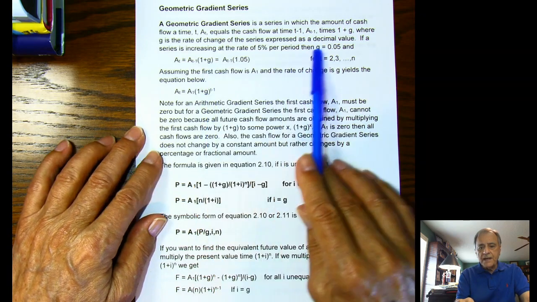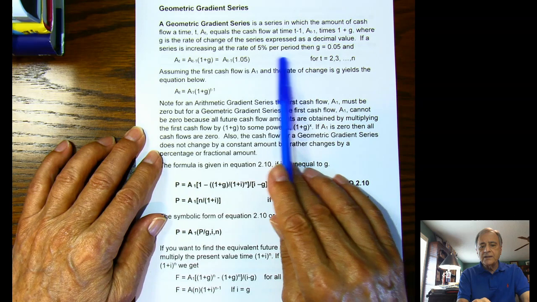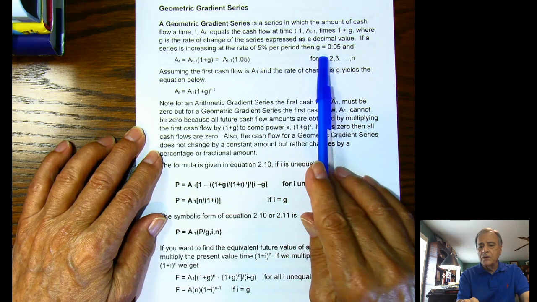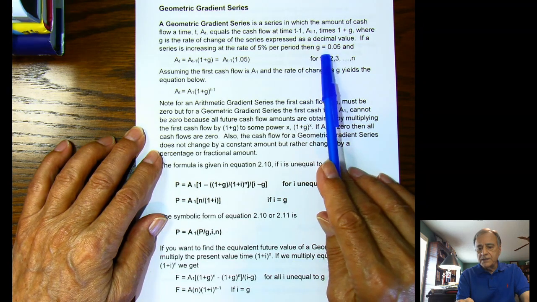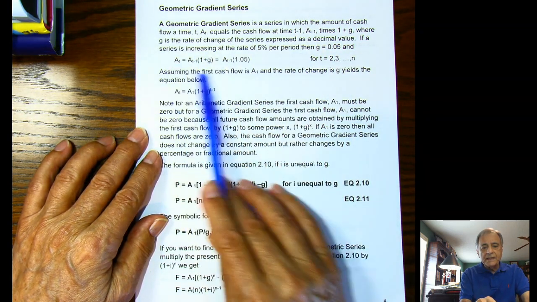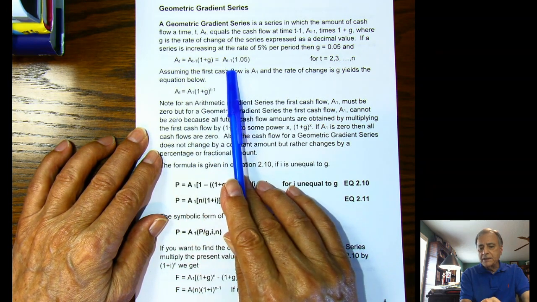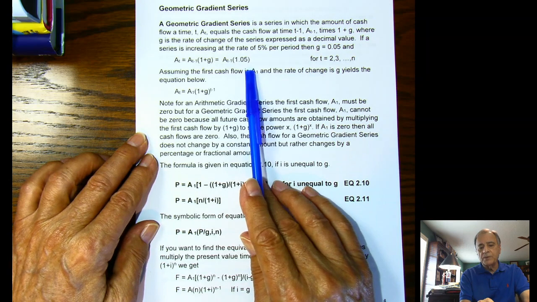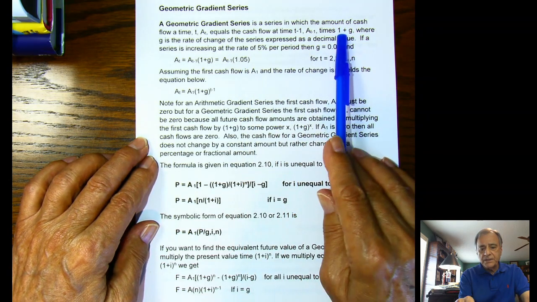So, for example, in this case, we have a series that's increasing at the rate of 5%. So little g as a fraction is 0.05, and so that's the way we would get the tth term, multiplying the t minus 1 term times 1.05, so 1 plus g.